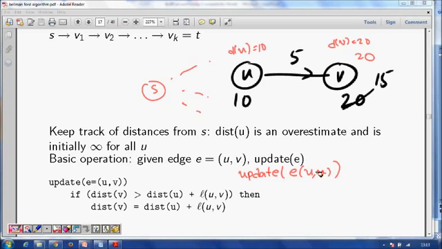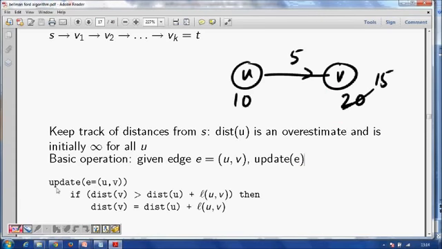So if the distance of V presently from the source is greater than the distance of U plus this edge weight, then we will update, because I now know there is a shorter path from U to V. So 20 is greater than D of U, which is 10, plus 5, the edge weight. Then we will update D of V to be 15. Otherwise we will leave it. It's better now.